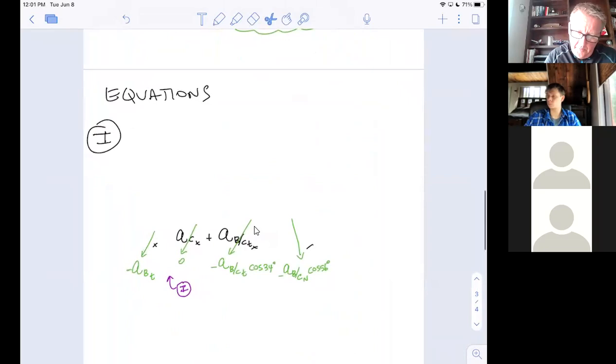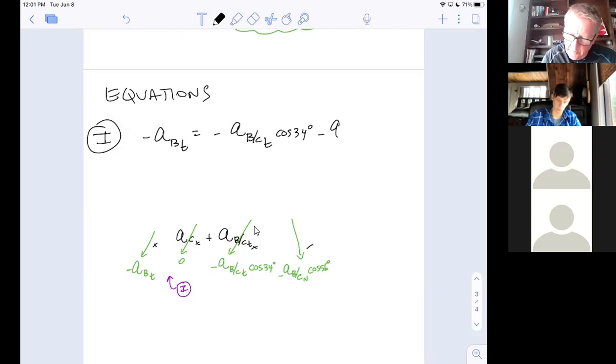That was negative acceleration of B tangential equals 0 minus acceleration of B with respect to C tangential times the cosine of 34 minus acceleration of B with respect to C normal times the cosine of 56. So that was our first equation.